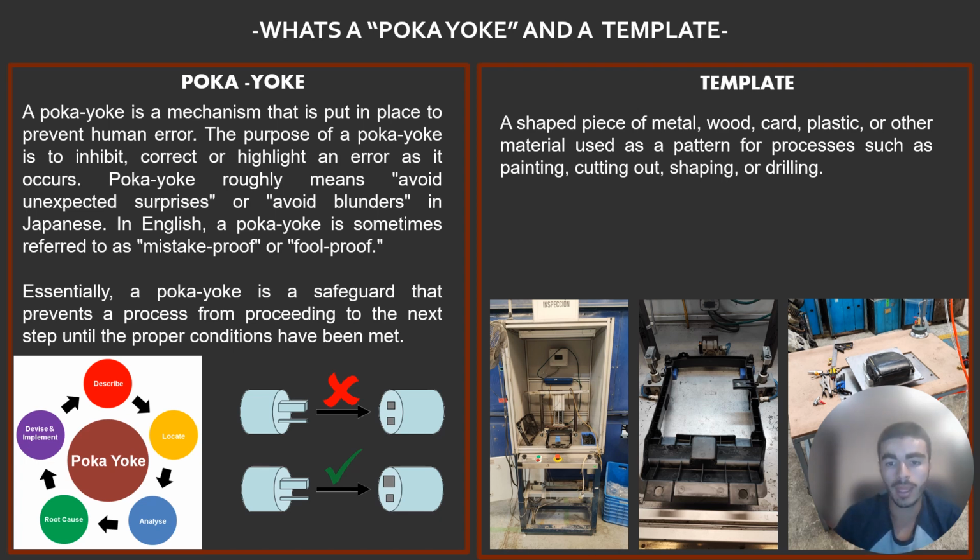Here the description says: a shaped piece of metal, wood, card, plastic, or other material used as a pattern for a process such as painting, cutting out, shaping, or drilling. But the real description for a template is something that helps you make the process the same each time you do it. And that's how they work it here in the company that I work for.